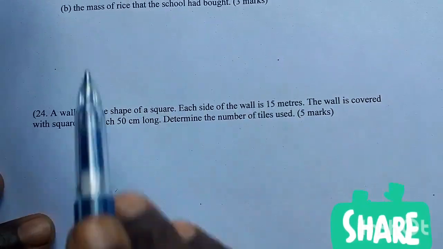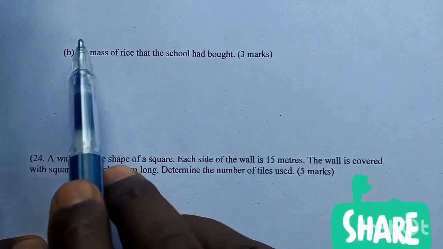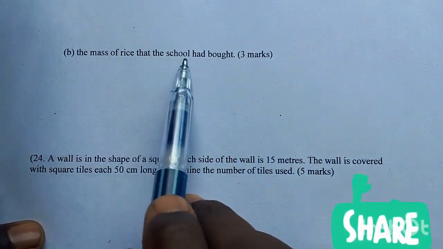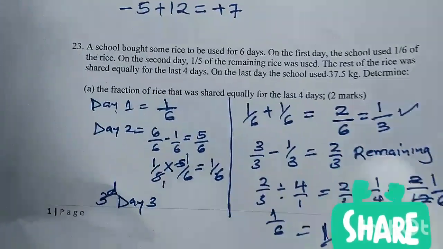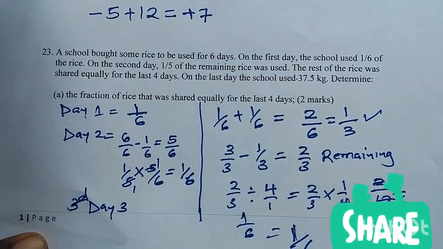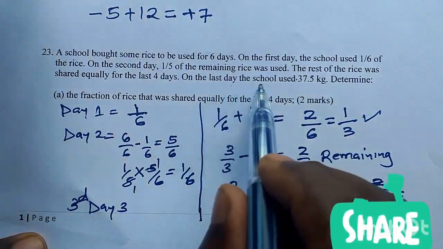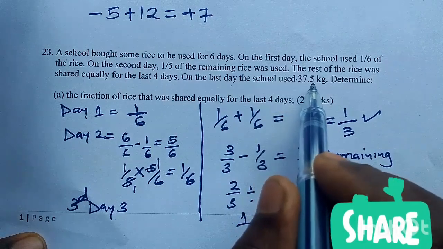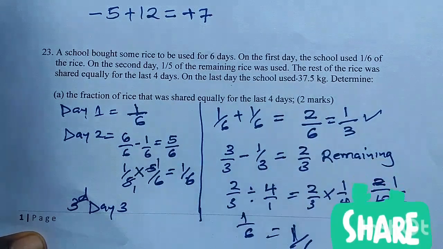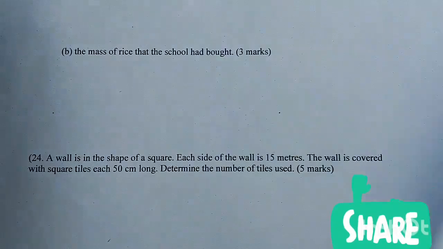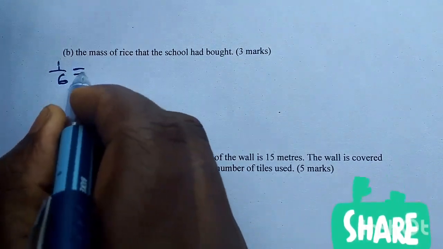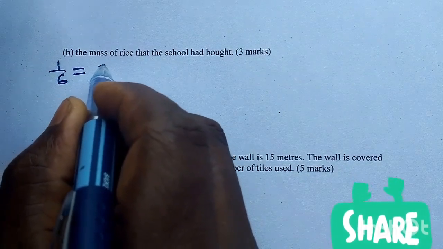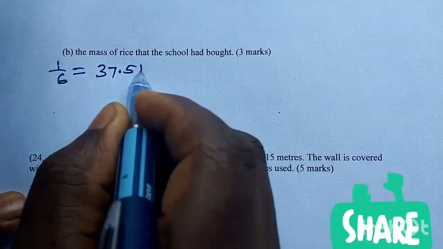Determine the mass of rice that the school had bought. We were told that on the last day, the school used 37.5 kg. So the last day used 1/6, which is equal to 37.5 kg.